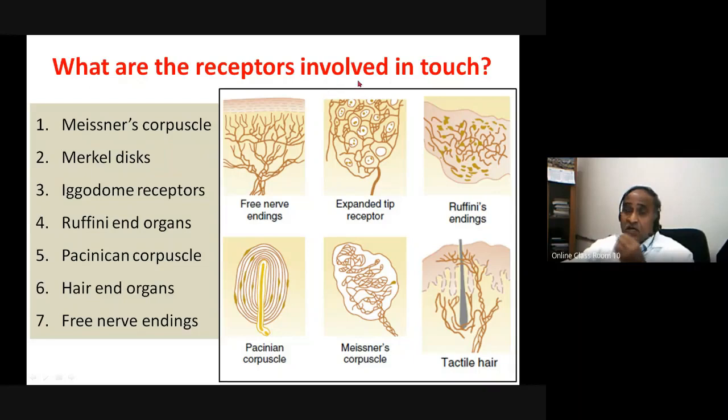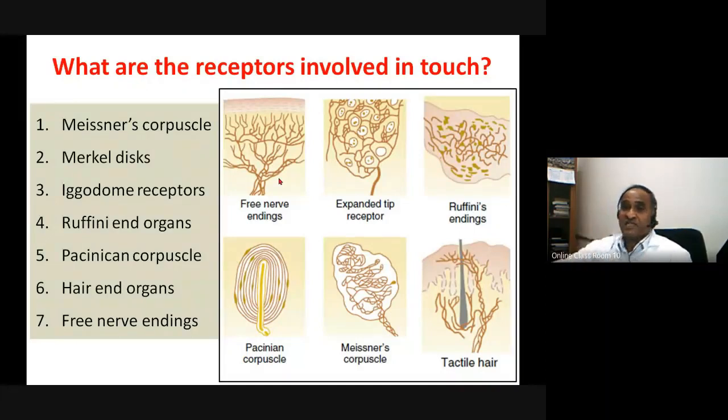So that means touch is carried by so many receptors. There is no single receptor for touch. Because touch is different: some touch feels the texture, some touch feels the fineness, some touch feels the pressure attributes or other attributes.